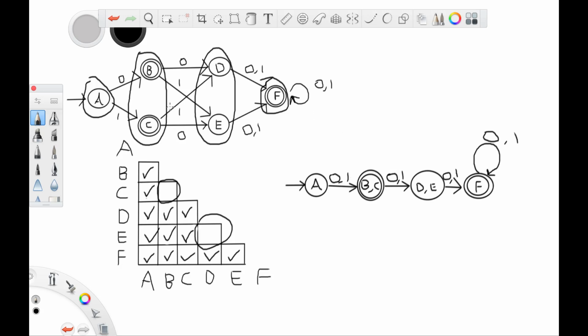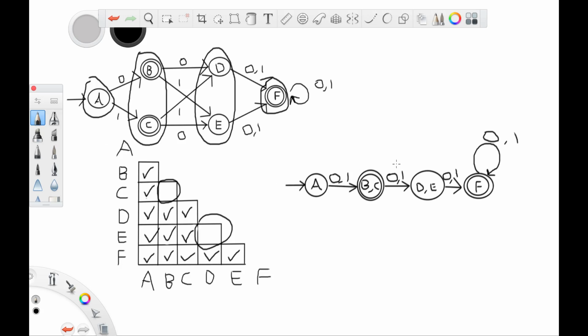What about some non-finishing states? If we get no input, we should end up in a non-finishing state. Well, again, we end up in a non-finishing state. If we get 0, 0, we should end up in a non-finishing state. Well, 0 followed by 0 puts us in DE, which is a non-finishing state. If we get 1, 0, once again, it's a non-finishing state.